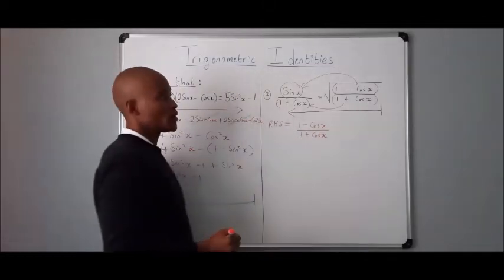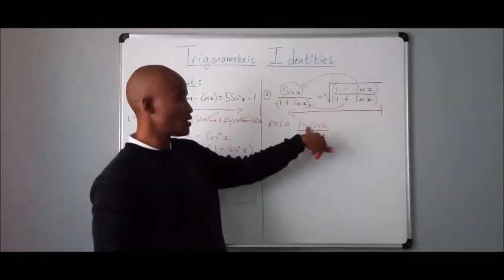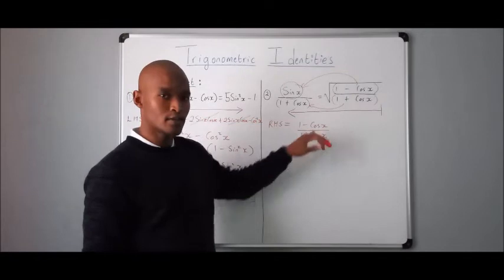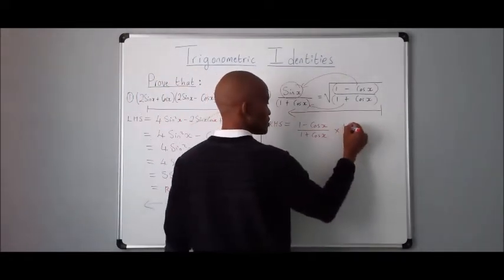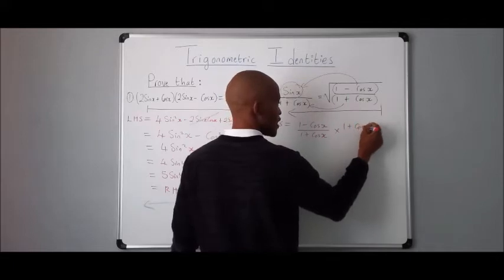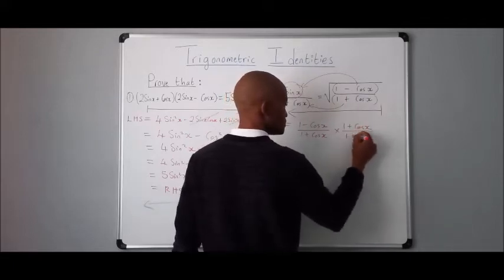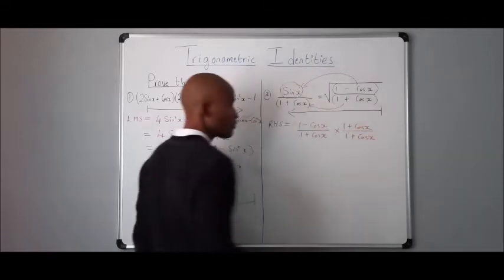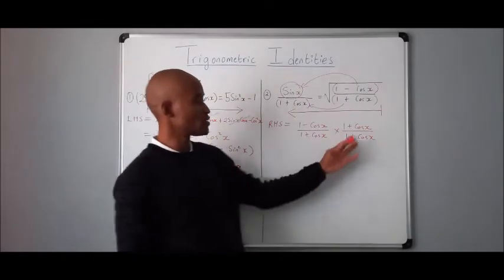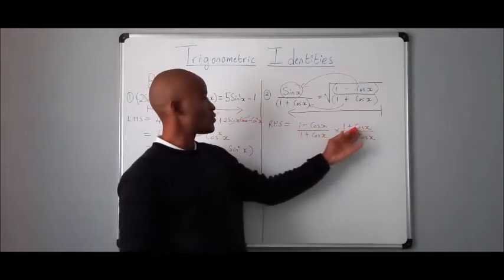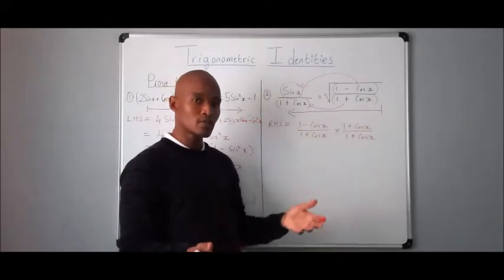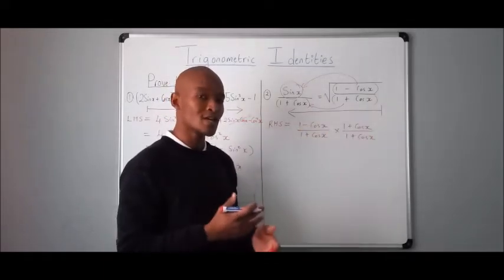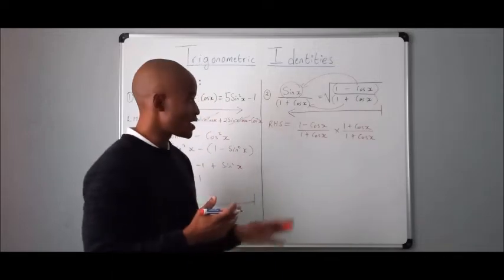We can rationalize here, the numerator, and then we multiply it with this binomial right here. Why are we multiplying by this? Because here we understand that we're going to produce a difference of 2 squares, which will constitute our identity and therefore produce our sine x that we need.